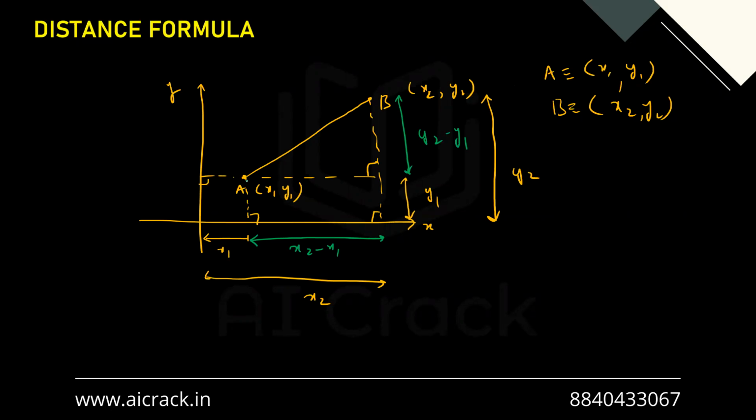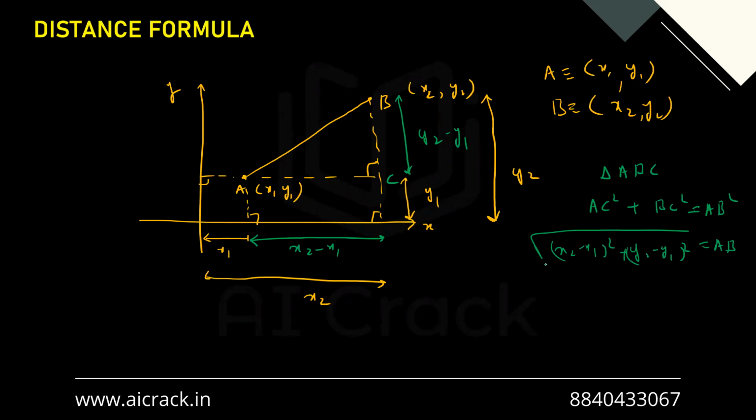Now in this triangle ABC, let's say this point is C, I can apply the Pythagoras theorem. So AC square plus BC square equals AB square. AB square is nothing but the distance which we want to calculate. So AB would be under root of AC square, where AC square is x2 minus x1 whole square, and BC square is y2 minus y1 whole square. So this is our distance formula.